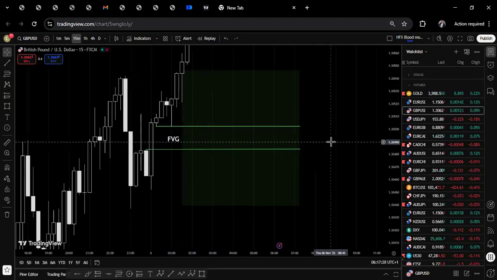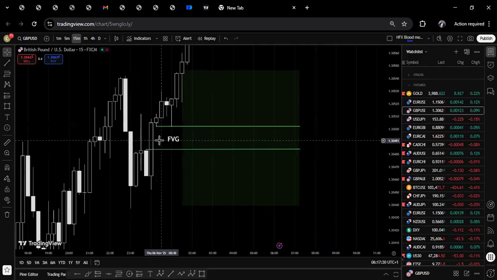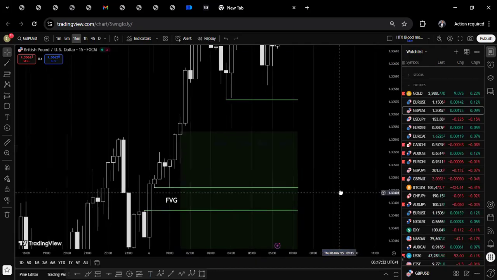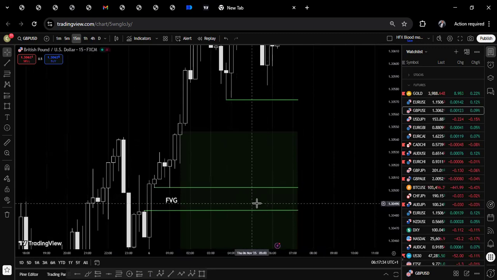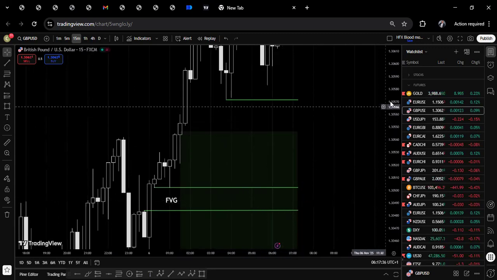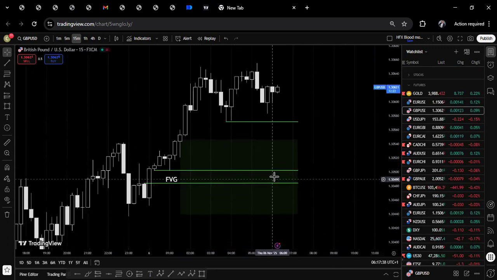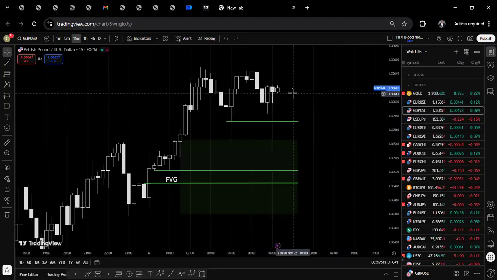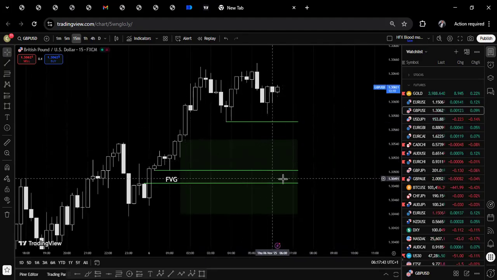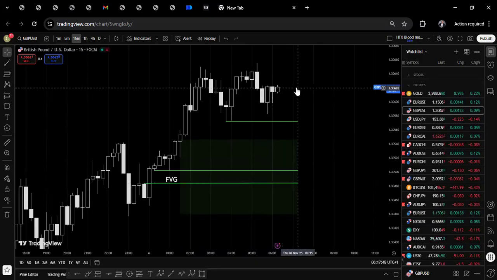All right, that's our FVG zone. So we are waiting for the market to tap perhaps into this zone before making that strong buy move we are looking at.